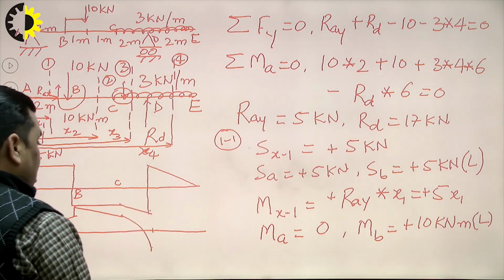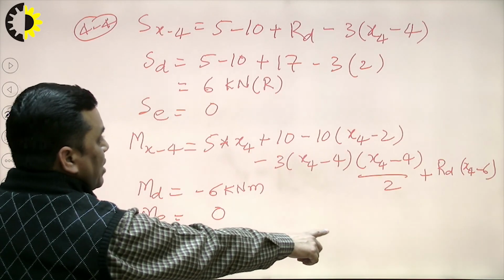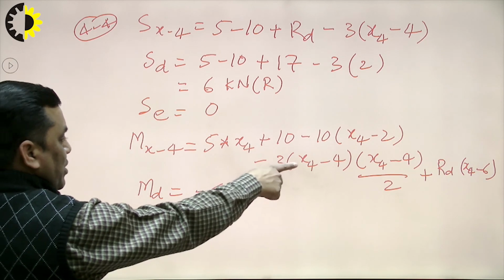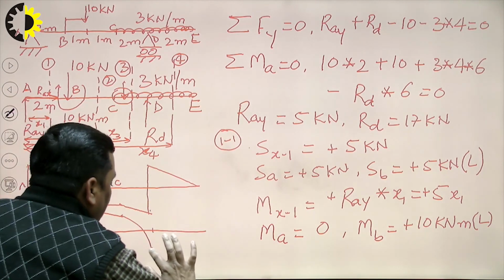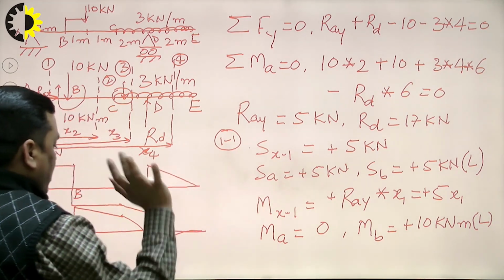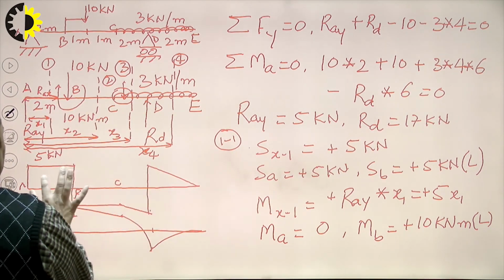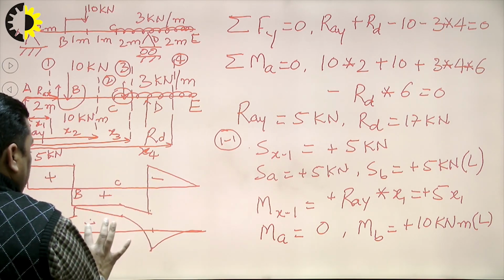At point D, the value of bending moment from both the equations is minus 6, and at point E it is 0, and both the equations are parabolic. So, it will be connected through a parabola. Like this we can write the values of shear force and bending moment also. We can show the positive and negative also.